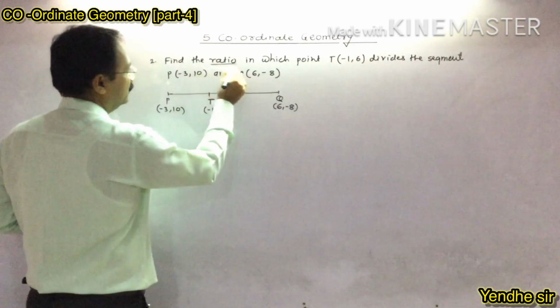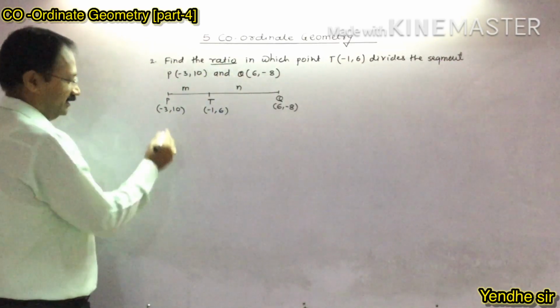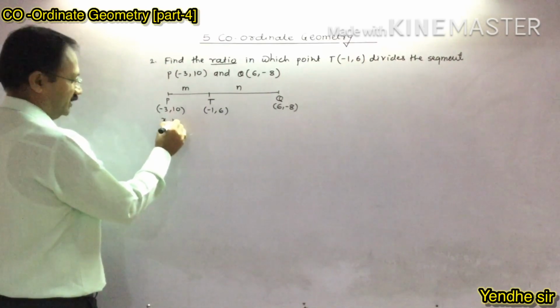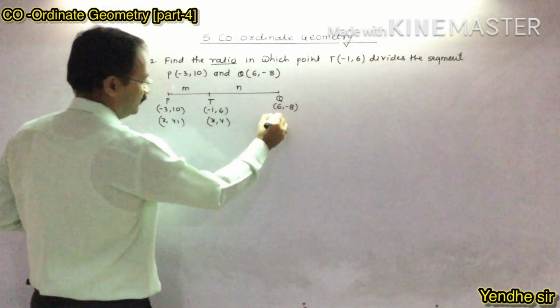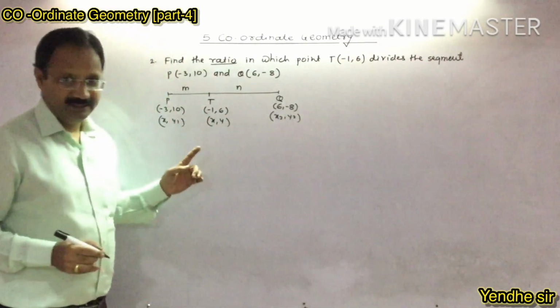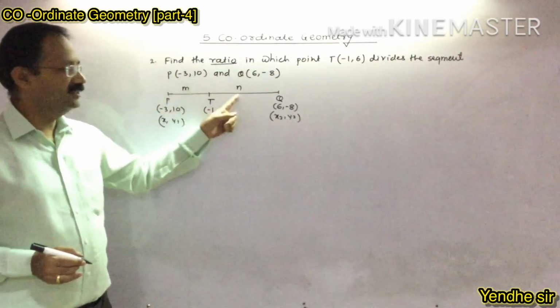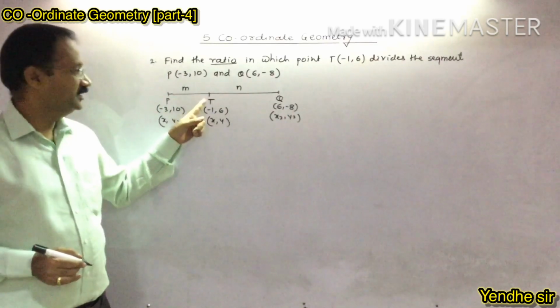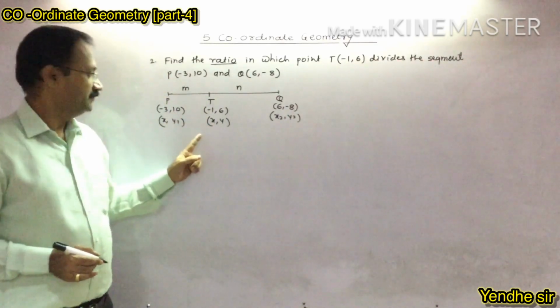What you have to find out is the ratio. Ratio means what? m is to n. Its coordinates are x1 and y1, here x and y, and here x2 and y2. I told you that if the coordinates of the point which divides the segment are given, then you have to use the section formula.